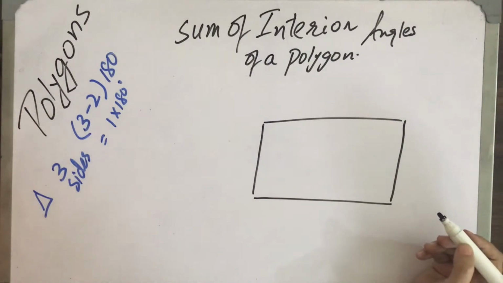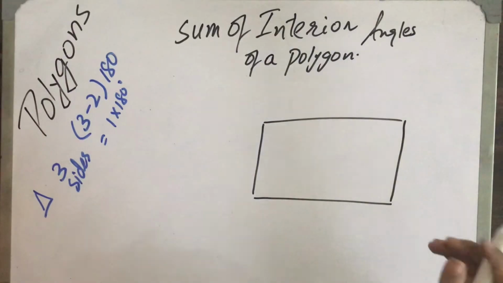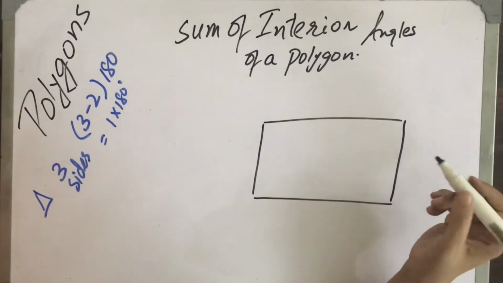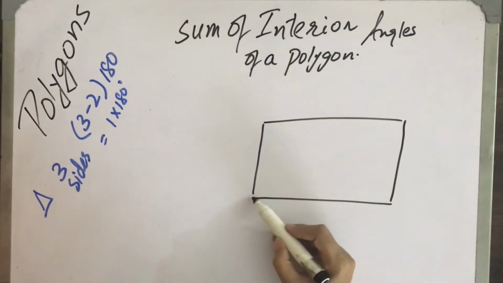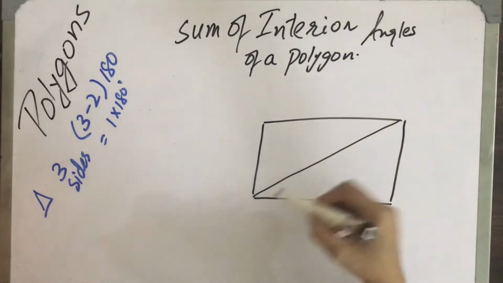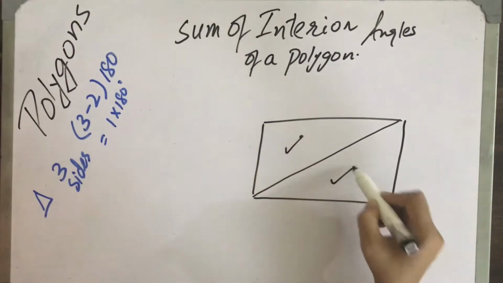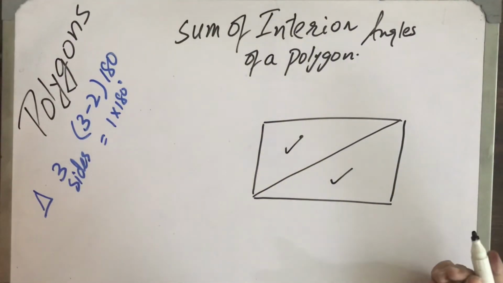Similarly, all four interior angles of a square are 90 degrees. But for any quadrilateral, the sum of the interior angles is 360 degrees. Or you can also define it as, if I draw a line and convert it into two triangles, 180 plus 180 is 360 degrees.